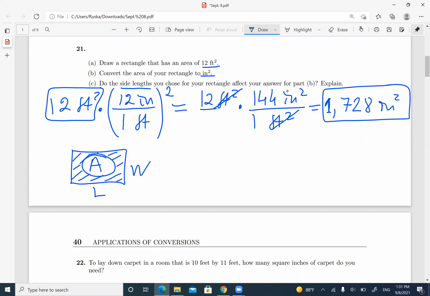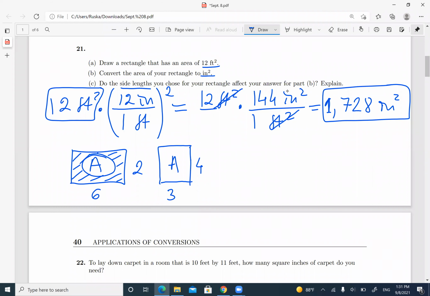So let me write it here. If you pick your rectangle to be 6 times 2, the area is going to be 12, right? If you pick your rectangle to be 3 times 4, it's still going to have the same area, right?